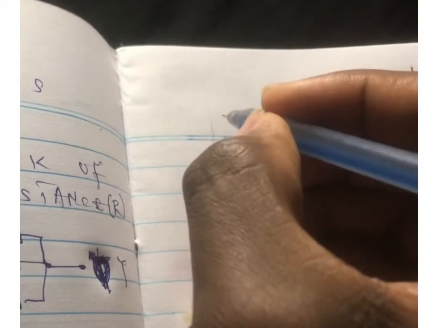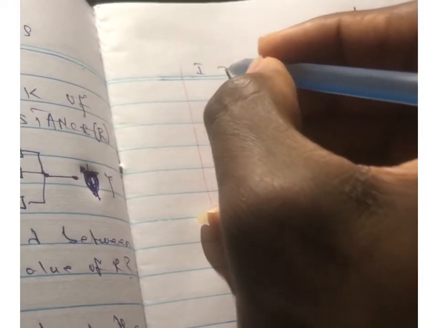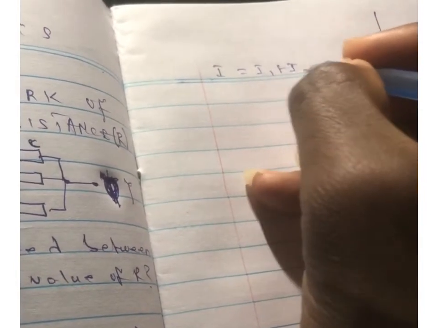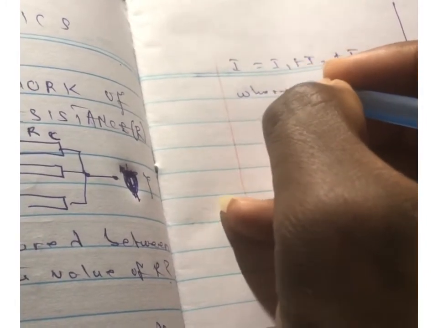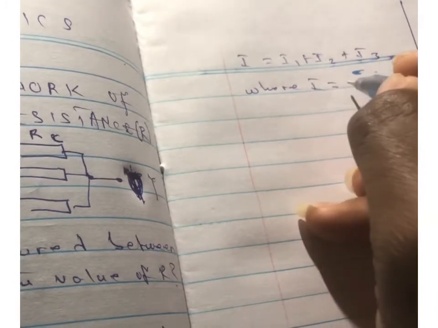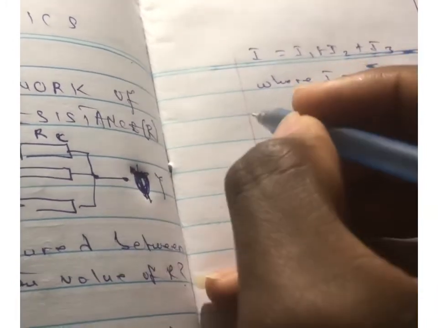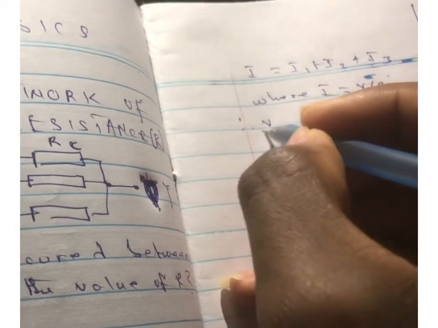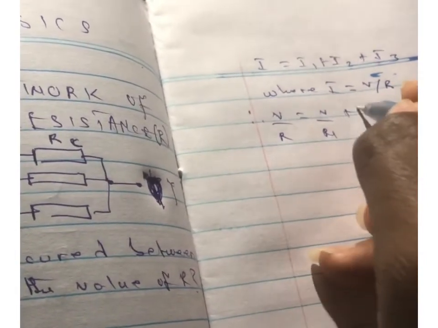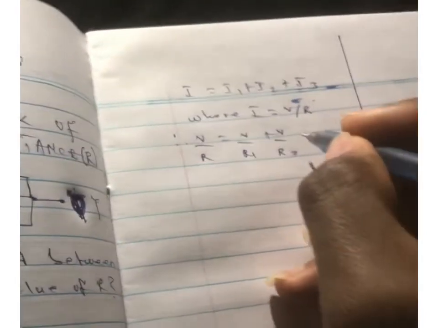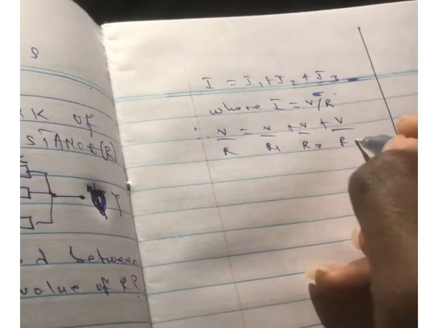So now we will have I equals I1 plus I2 plus I3, where I equals V over R. Therefore, V over R is the same thing as V over R1 plus V over R2 plus V over R3.